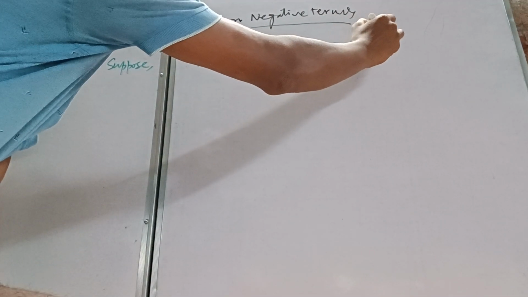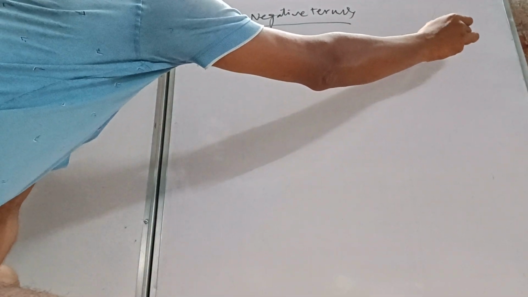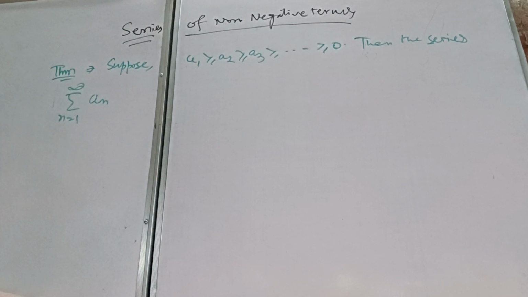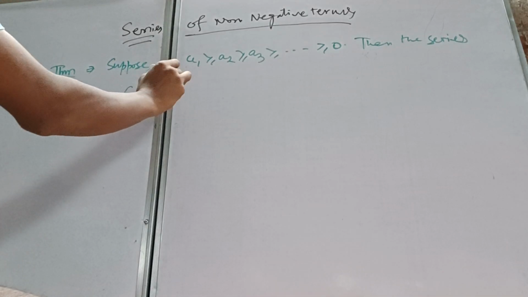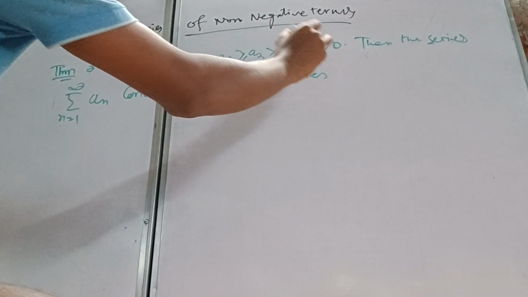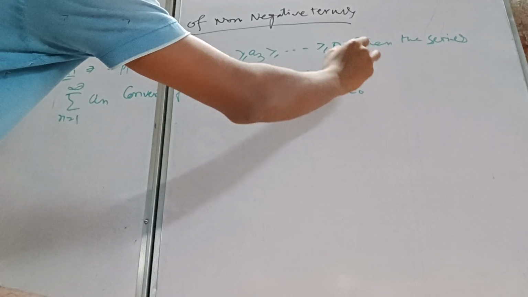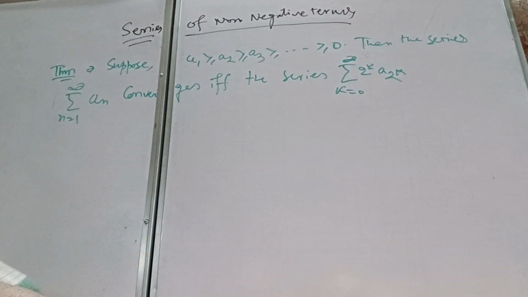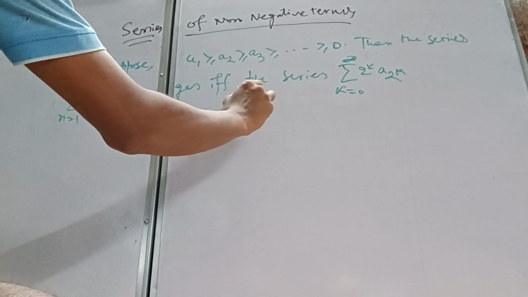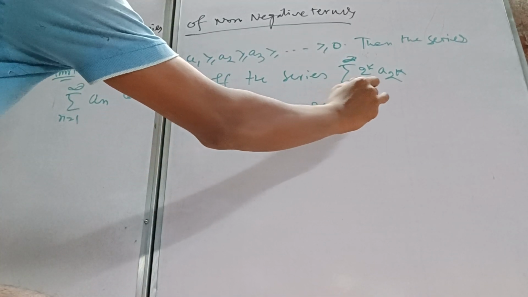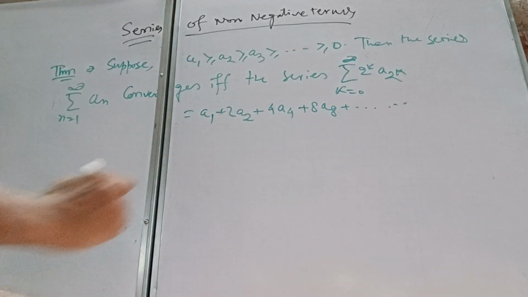Then the series summation n equal to 1 to infinity of a_n converges if and only if the series summation k equal to 0 to infinity of 2 to the power k a_(2^k), that is a1 plus 2a2 plus 4a4 plus 8a8 and so on, converges.